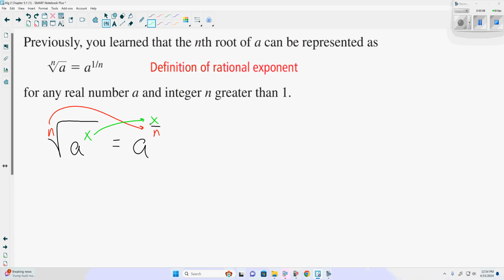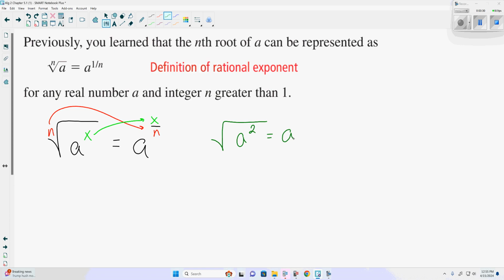Questions on this so far? And this is kind of nice to know. It explains some things that we've been using or you've used before that may not have made a whole lot of sense. Because if we took the square root of a squared, we know this is just a, yes?